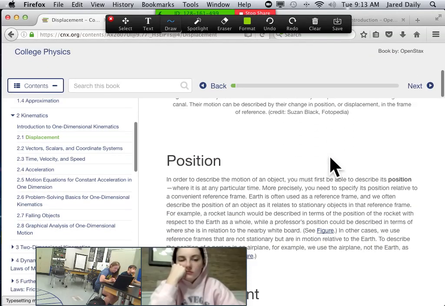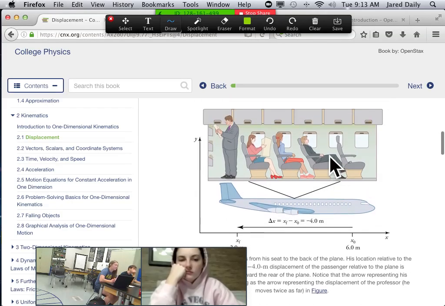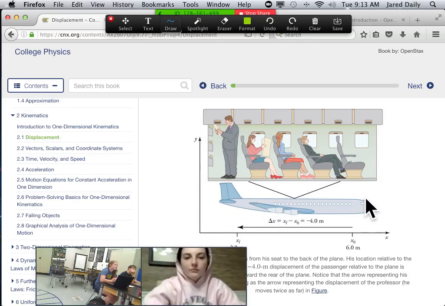Yeah, so here's one other that shows that same idea where we have a plane moving forward rather rapidly, but the person inside the plane moving backward. Right? And so for displacement, you would take the displacement of the plane minus the displacement of the person to get the overall displacement of the person. Right? And that's one of the ones we talked about.